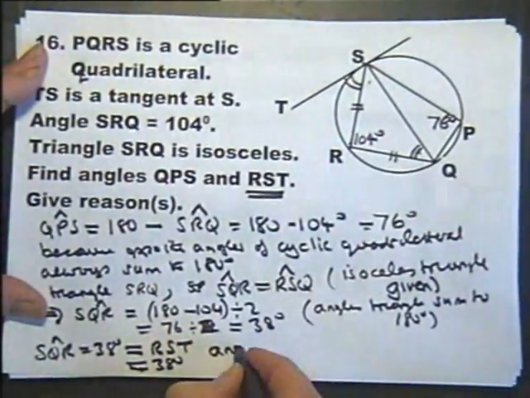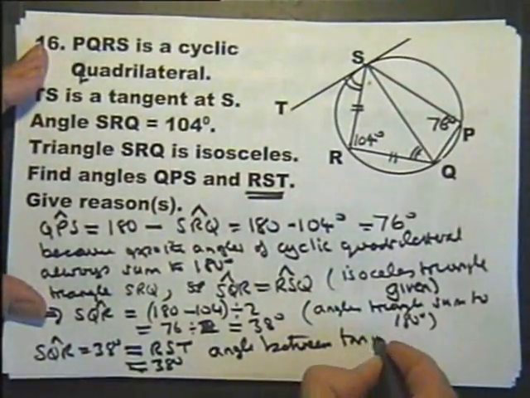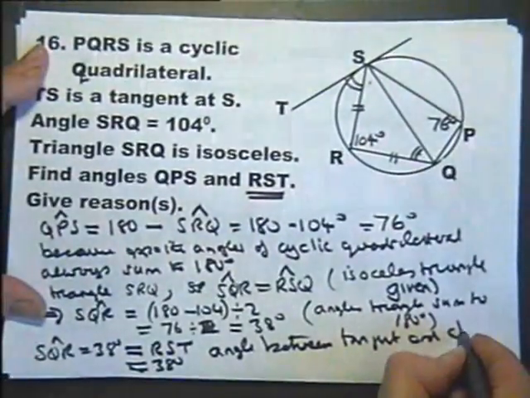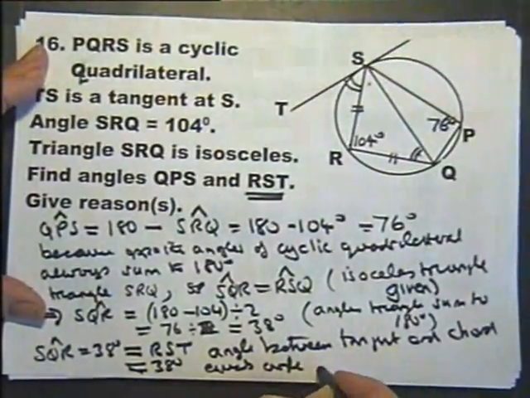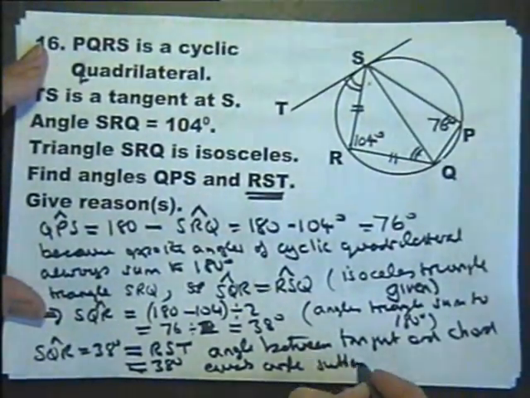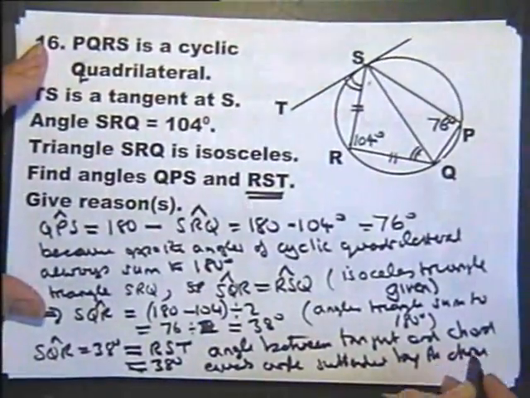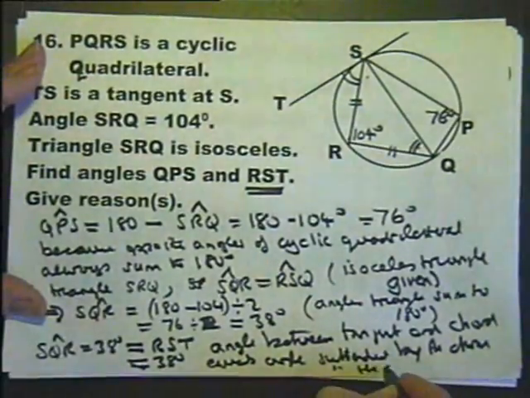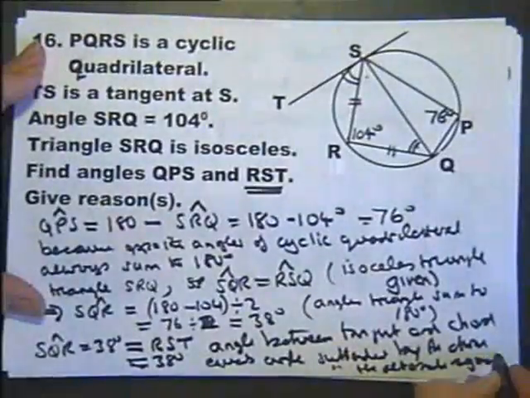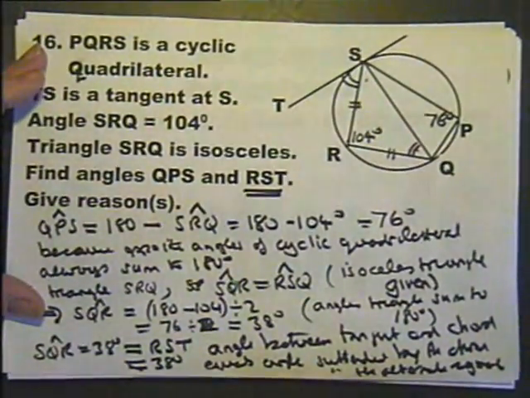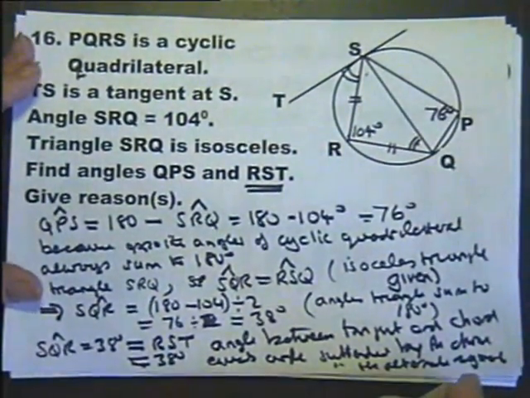Reason: angle between tangent and chord equals angle subtended by the chord in the alternate segment. Now you can only read that because I read it out to you as I wrote it, but I don't think it's neat enough for an exam paper, is it? So make sure you write neater than that.